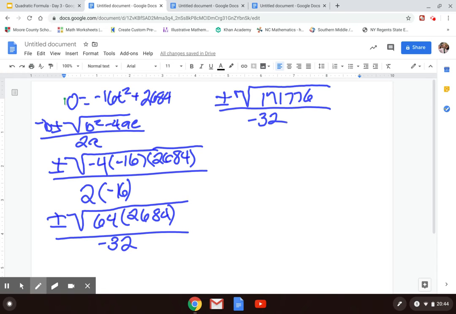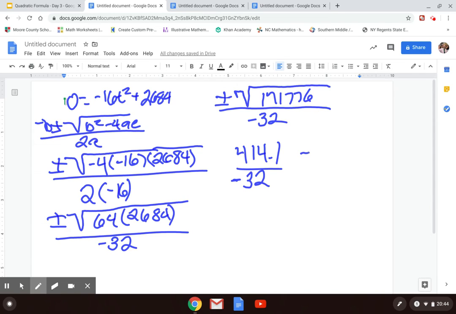Okay? So what I'm going to do now is on my calculator, when I find the square root of 171,776, I'm going to have a positive answer and a negative answer because it's plus or minus the square root of that number. So when I find the square root of that and I round it to the 10th position, I have 414 and 1/10 divided by a negative 32.